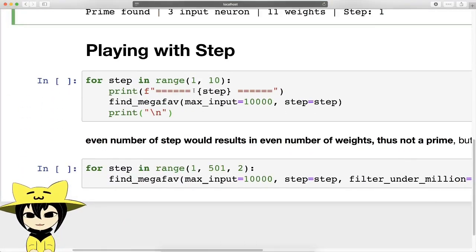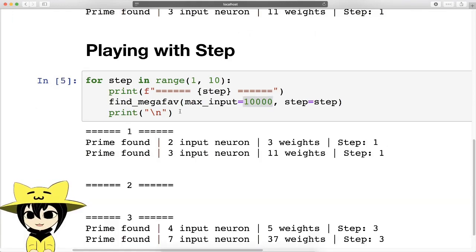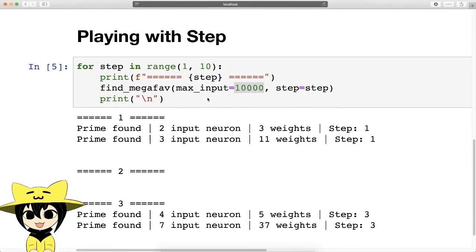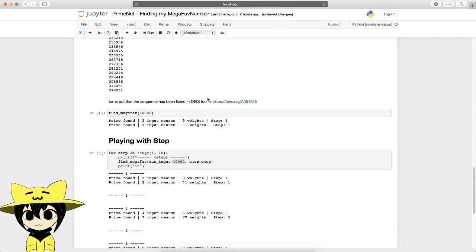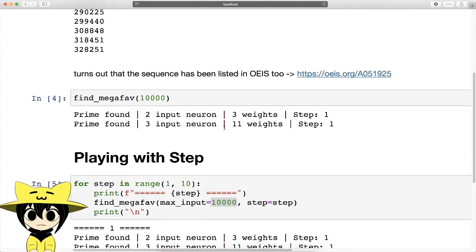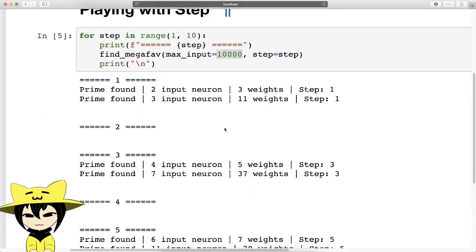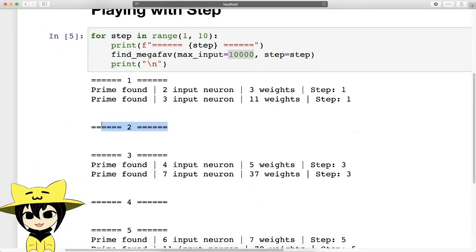Here I can try starting with a step of 1, 2, 3, 4, until a step of 10, and a maximum of 10,000 inputs. So let's see. With a step of 1, it would be the same as the previous one. We would only find 3 and 11. That would be prime, but still not a mega number. How about if we use a step of 2?